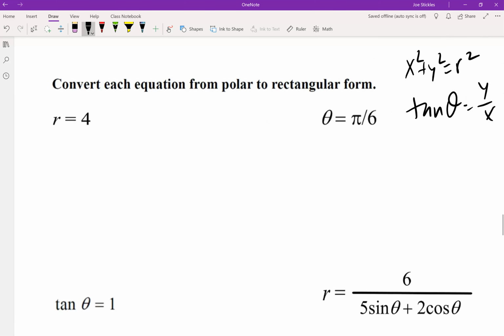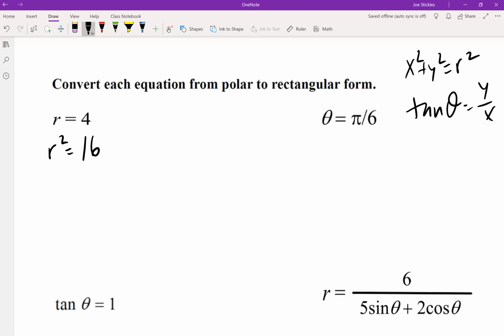All right, so r equals 4. Well, I don't have an equation, except for the one that has just cosine of theta or sine of theta in it. I don't have one conversion formula that just has an r, but I do have an r squared. So in this particular case, what I'll do is I'll square both sides. Now, be careful. You don't always want to square both sides, okay? But in this case, squaring both sides works. There's another way to get an r squared, by the way.